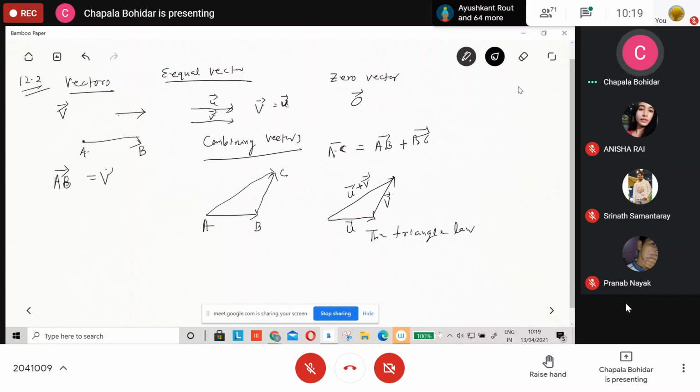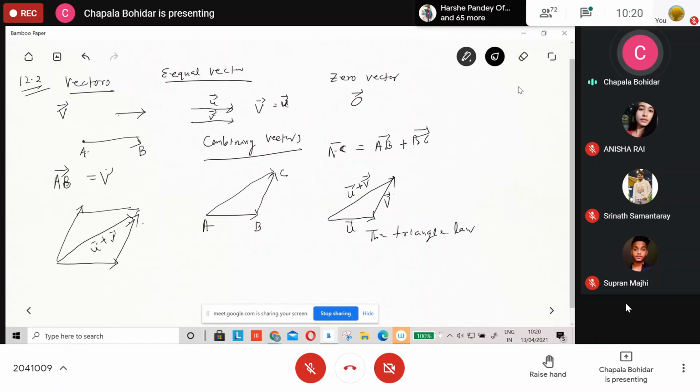Parallelogram law. Parallel to this and parallel to this.